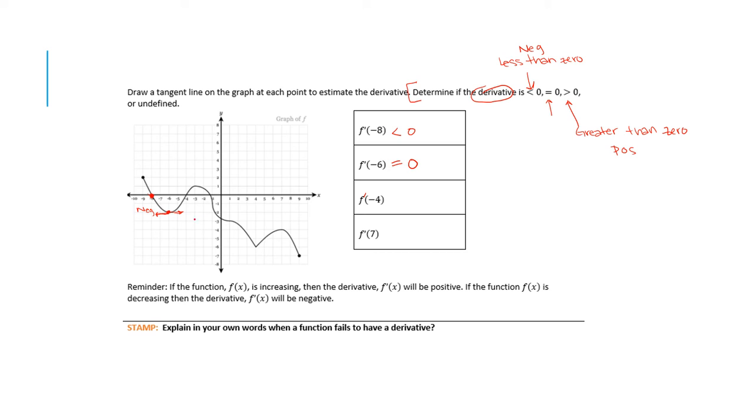Let's next look at f prime of -4. Go ahead and answer that question. So if I were to draw a tangent line here along this function, I can see my function is increasing here, which means I have a positive slope. In other words, f prime of -4 is greater than 0.